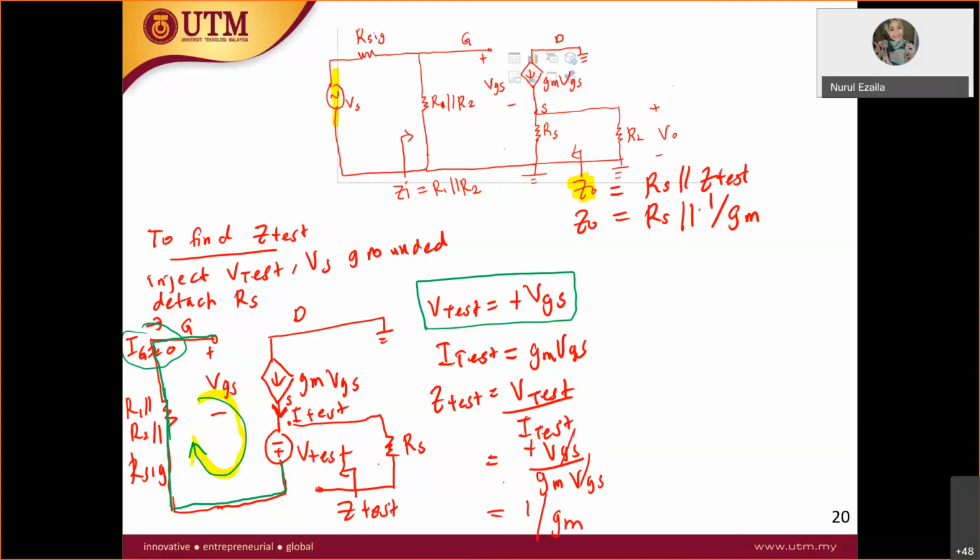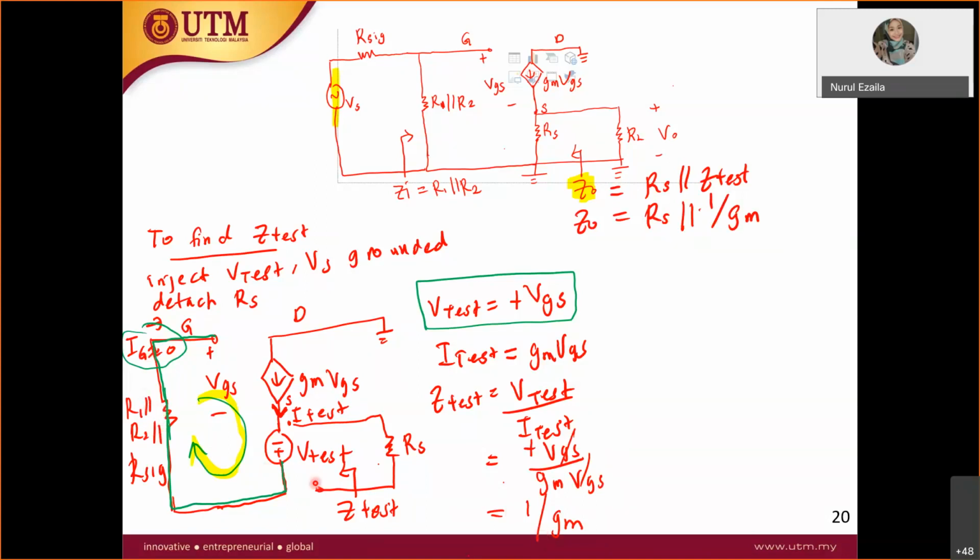For the Z test, you don't want to derive it. In the end, your IG here is 0, so this will be short circuit. This is applicable for the MOSFET only, because IG is 0 and this one is short circuit. Finally, you will get 1 over GM.